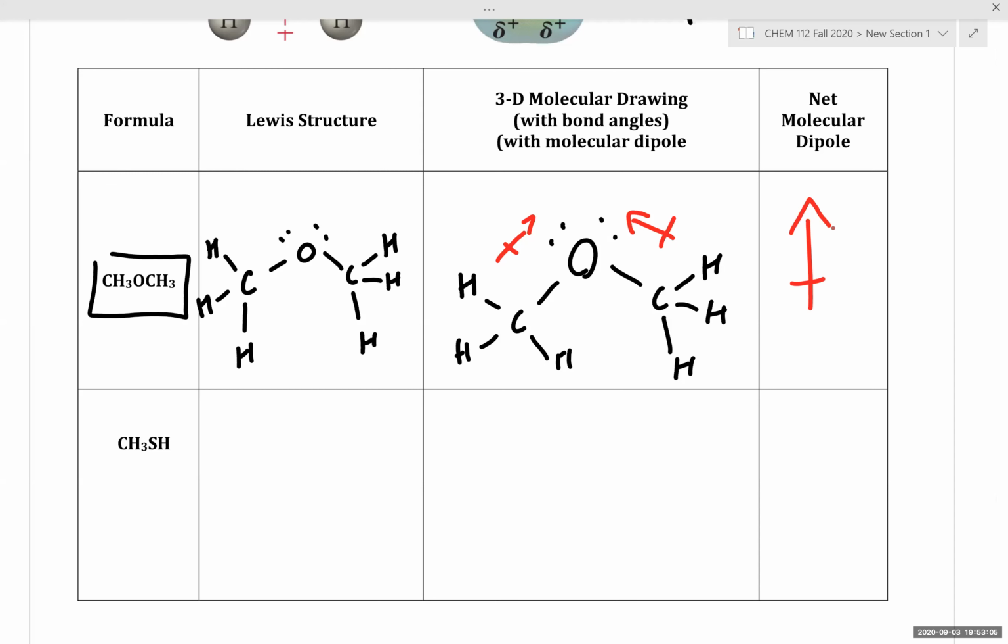So let's work on this next example. I'd like everyone to take about 2 to 3 minutes to draw out the Lewis structure, draw out the bond dipoles, and then identify the net molecular dipole.